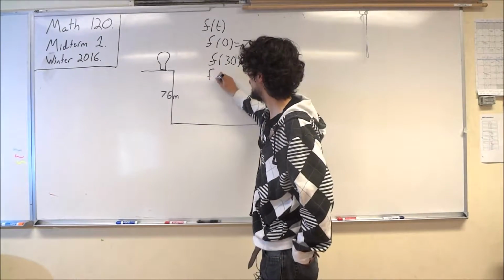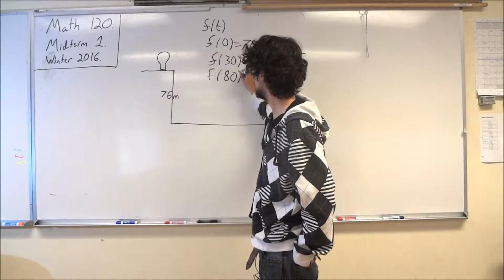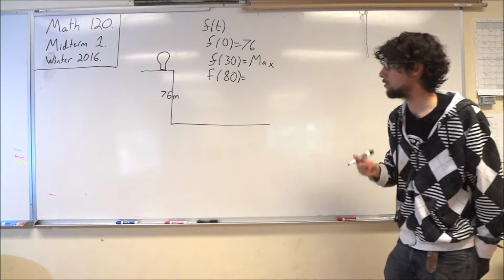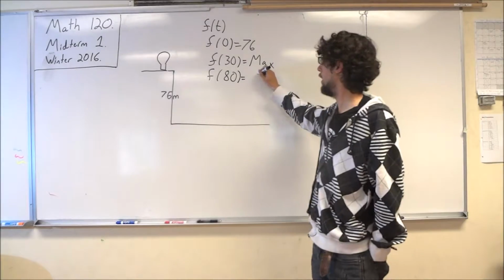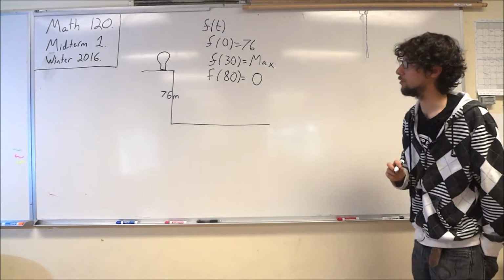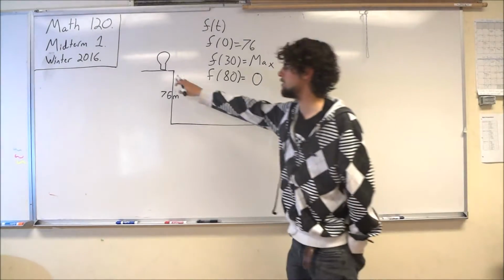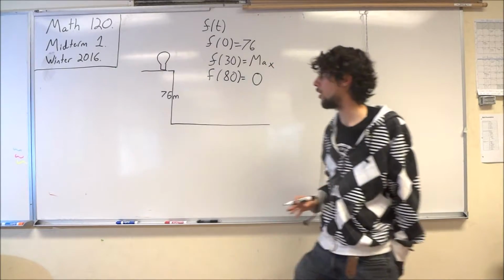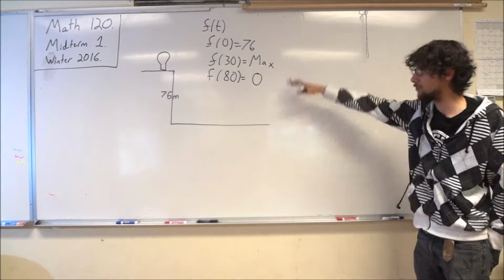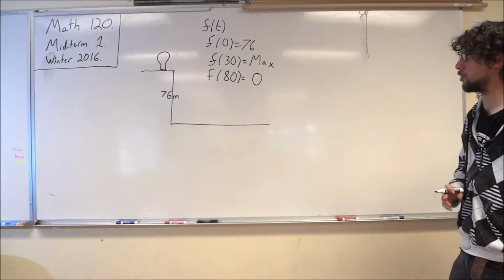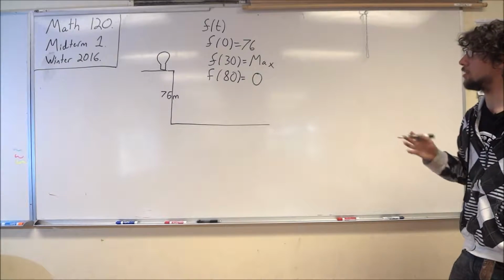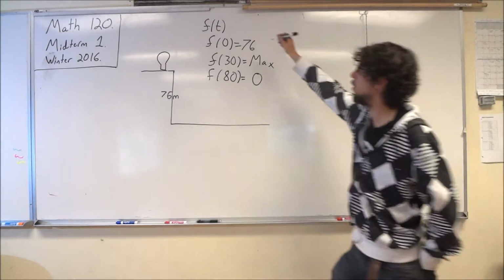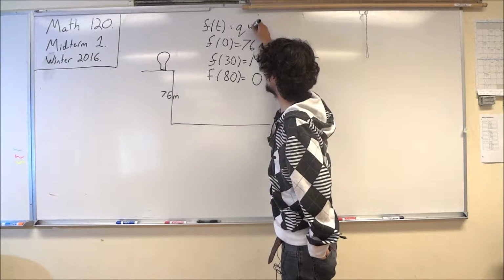And we know that it hits the ground, it lands, I should say, 80 minutes after departure. And when I say lands, I mean it lands on the ground and not back on the platform. So this is given in the problem statement. I drew this picture, but all of this is given in the problem statement. And what we know about this f of t is that it is quadratic.